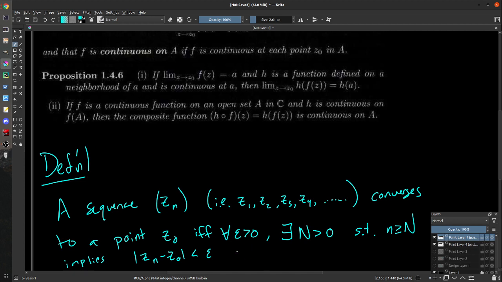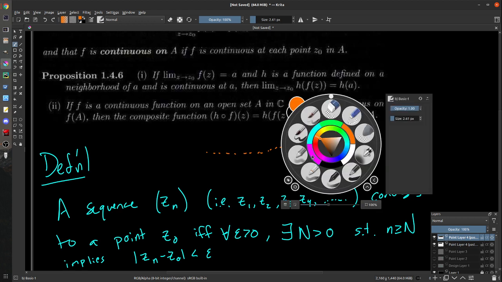Basically, all this says is, does a sequence converge to a point? What that means is, after some initial stretch of things that maybe are farther away from that point, after that everything is within it. So you've got your z naught right here, and then you've got your sequence doing other stuff, and it's just going to go right on up to it.